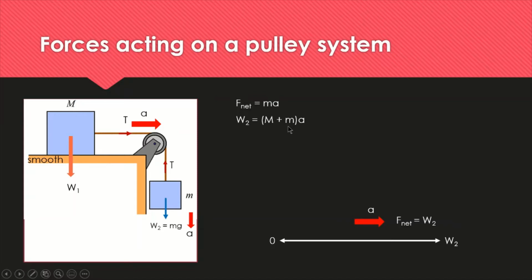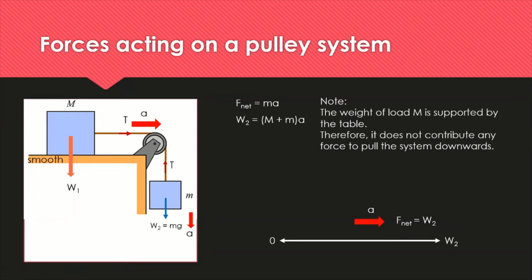So the net force, W2, equals (M plus m) times the acceleration. The weight of the M is supported by the table, so it does not contribute any force to the pulling of the system downwards.